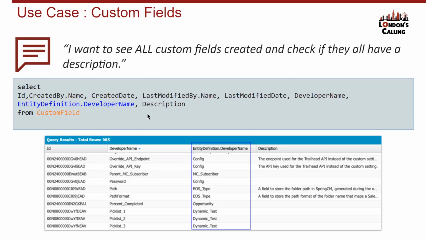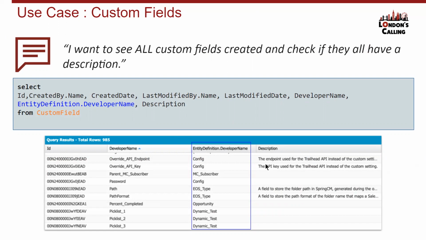This query has two purposes. The first one, which we use a lot on our project, is to be sure that people are filling in a description for all custom things. You can quickly have access to the description field of all your custom fields and check if it's filled or not. When it's not filled, you can ask the creator why he didn't put a description on the field.